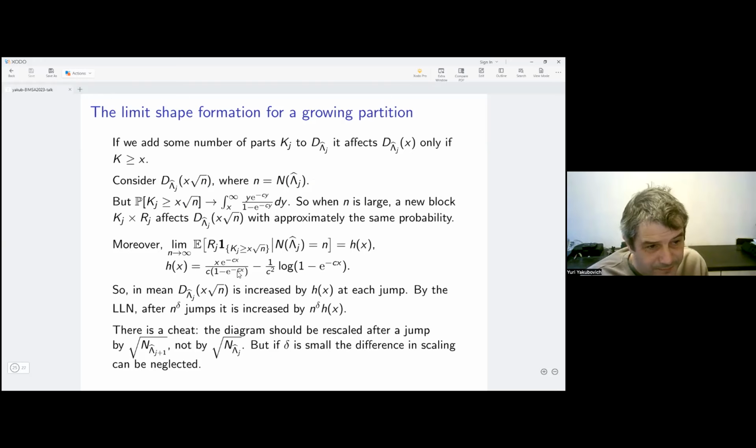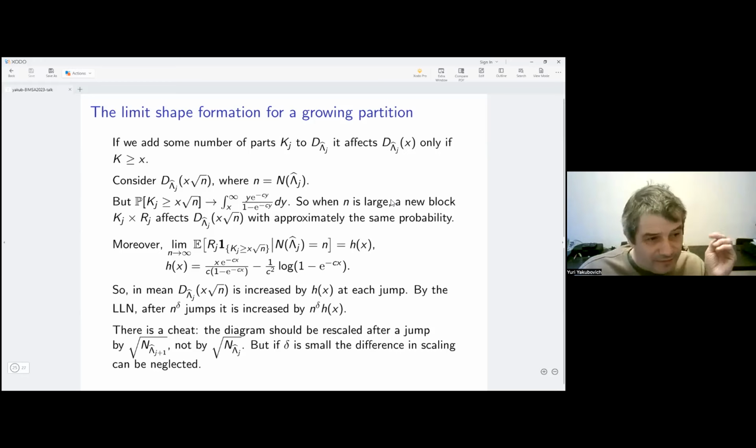So, how does the value of the upper bound of the Young diagram at point x behave after we perform a step of our procedure? If we add parts that are less than x, we just don't see it. So it depends just on parts bigger than x.